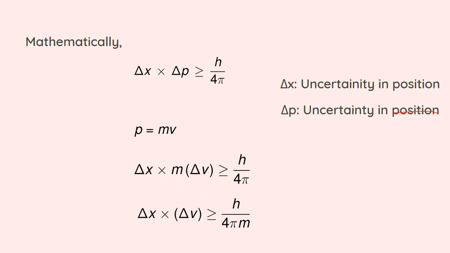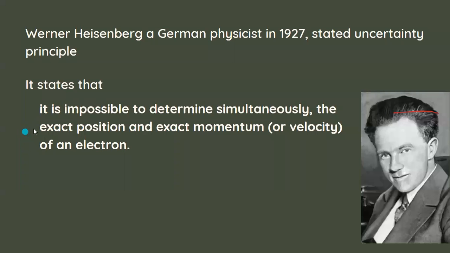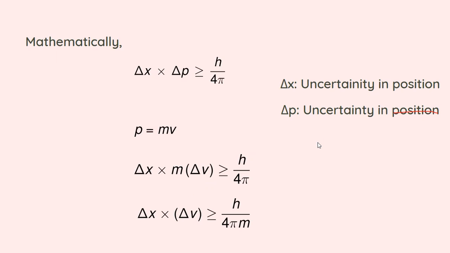That is why, according to Heisenberg's uncertainty principle, it is impossible to determine simultaneously the exact position and momentum or velocity of an electron. Mathematically, the uncertainty in position into the uncertainty in momentum is greater than or equal to h by 4 pi.